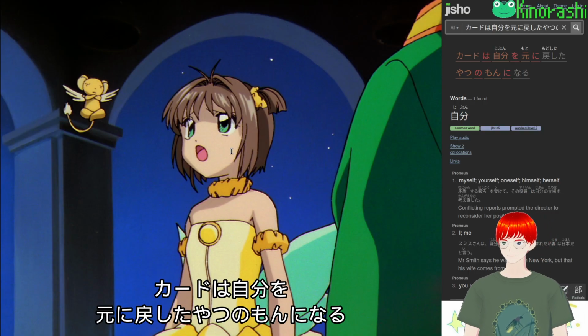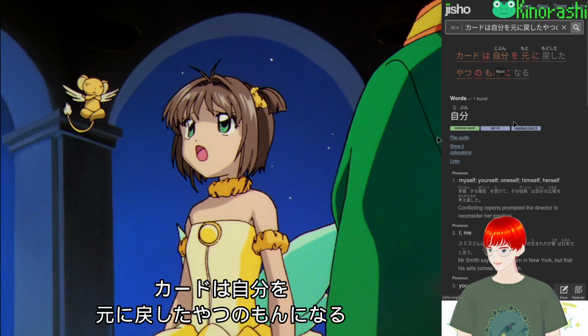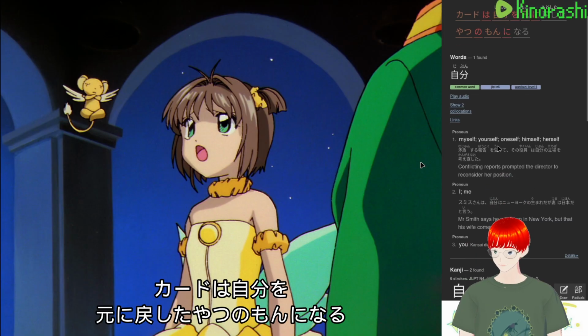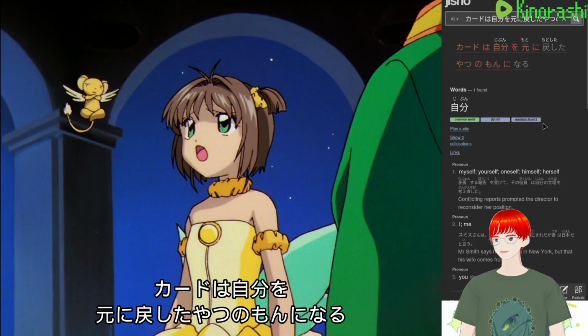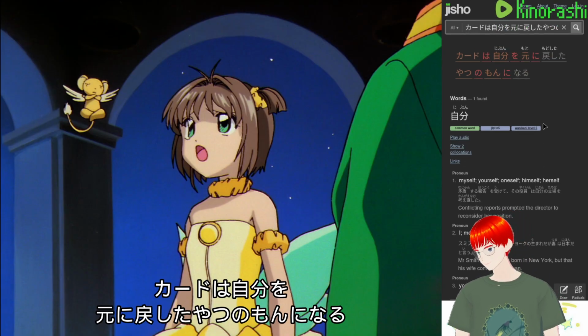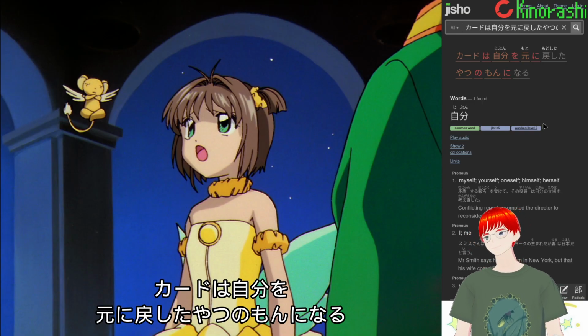So, jibun: myself, yourself, oneself, himself, herself, or itself. So, kado wa, they don't mention ga here.